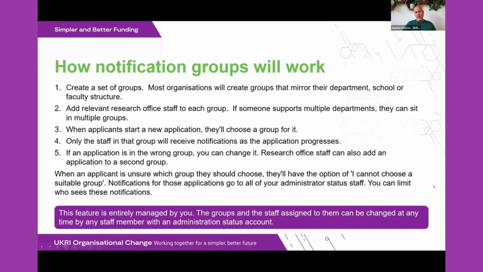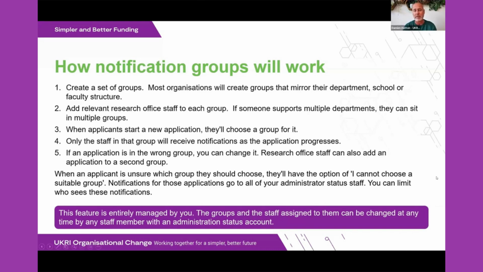So when we release this feature in the very near future, you'll be able to create a set of groups for your organization. Most of you will set that up in a way that mirrors your departments or schools' faculty structures.